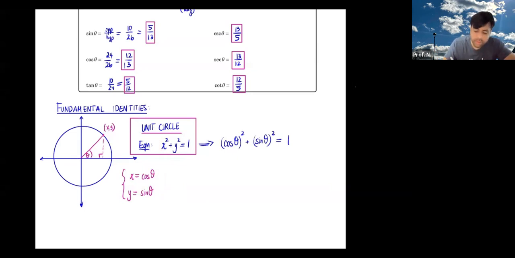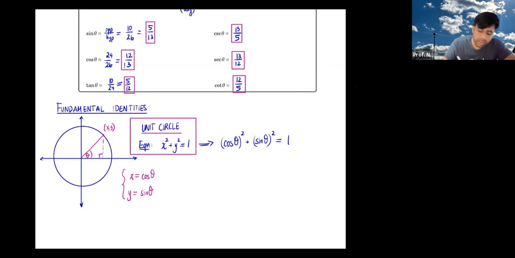Whatever theta is, it doesn't matter. Any theta, as long as the thetas are the same, if you square the value of cosine of the angle plus square the value of sine of the angle, it will always equal 1. And that's called the Pythagorean identity.